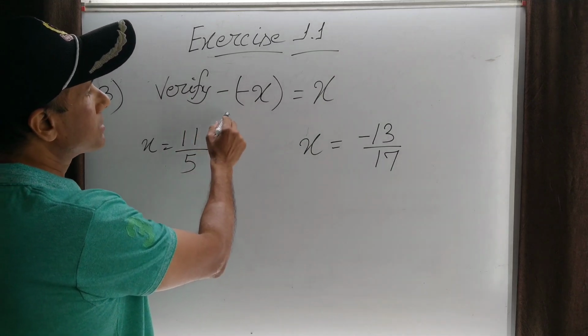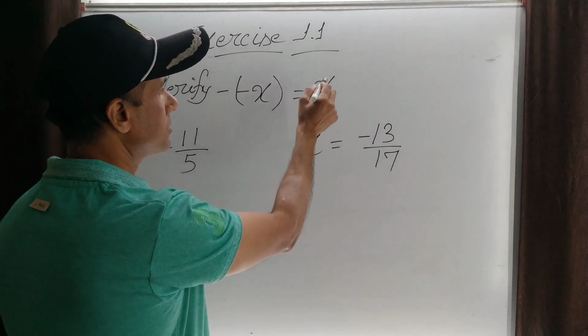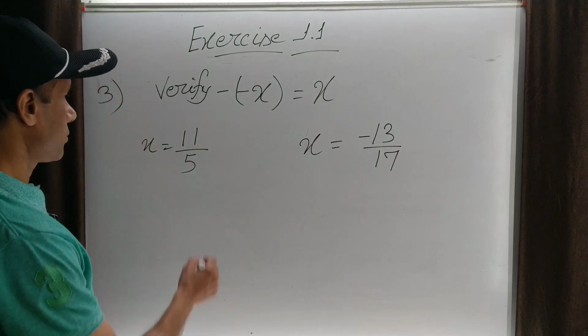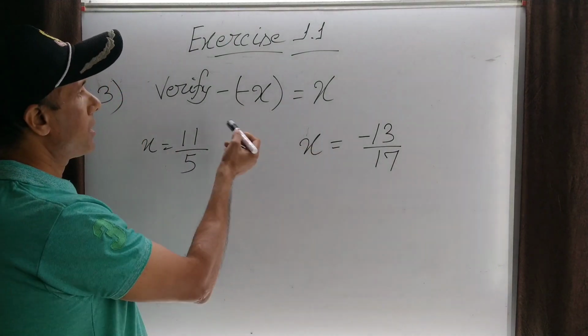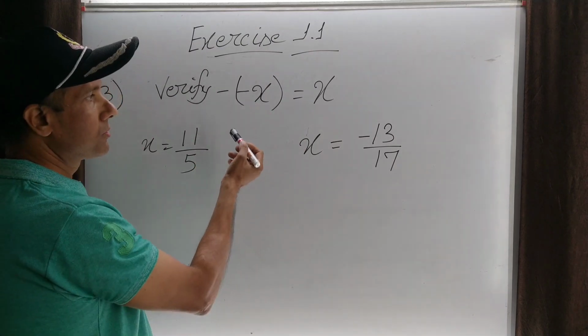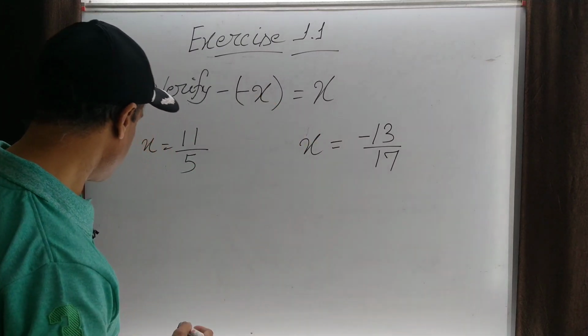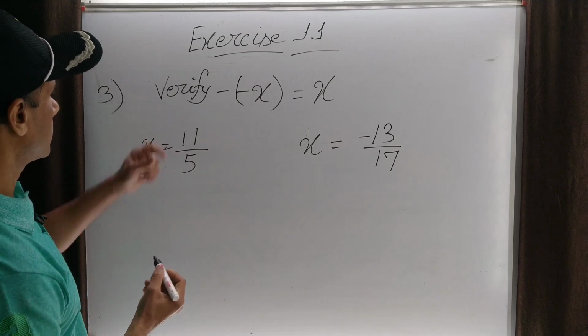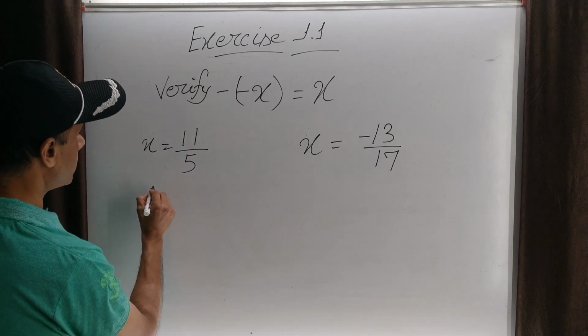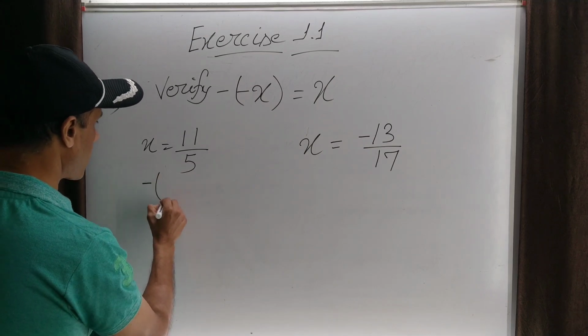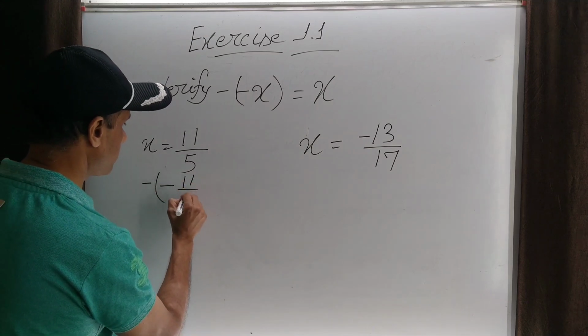Verify minus of minus x is equal to x. Two values you have to take for x, and see how we deal with the operation to get a resultant number. So just write it. Here x is 11 by 5. How do I write it? Minus bracket minus 11 by 5.